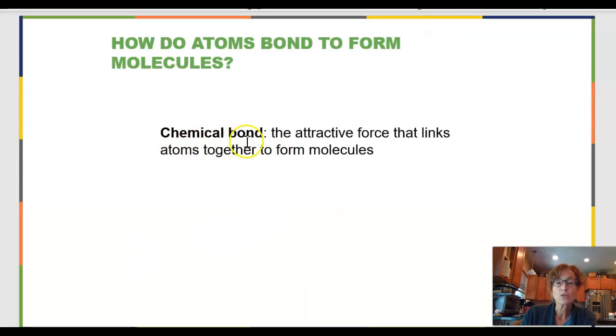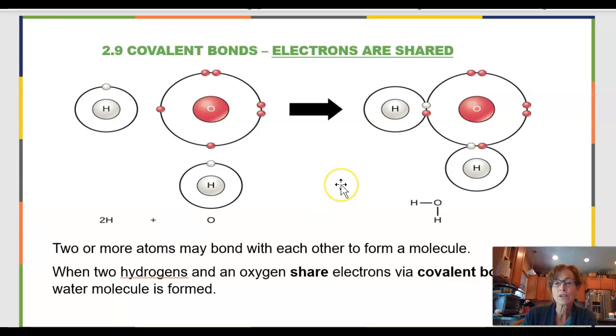A chemical bond is really what's holding these molecules together, and it's this force that holds them together, and it has to do, again, with electrons. So when we have these 3 atoms, 2 hydrogen and 1 oxygen, we're only looking at their outer energy levels, these valence electrons. Hydrogen only has 1, so there it is. Oxygen has 2 other electrons that would be placed in here if we're going to draw this as a Bohr model.